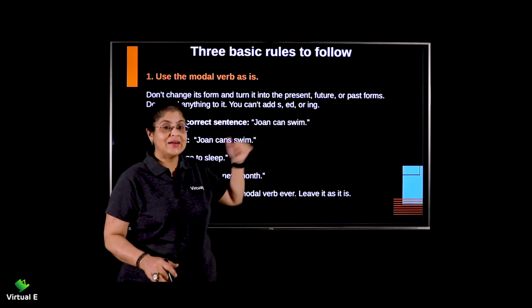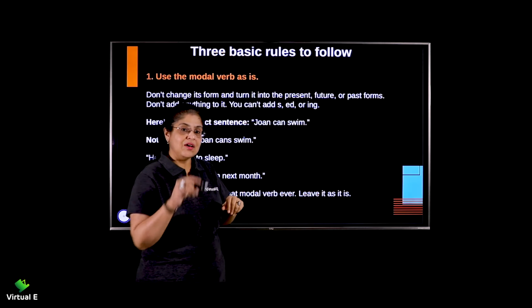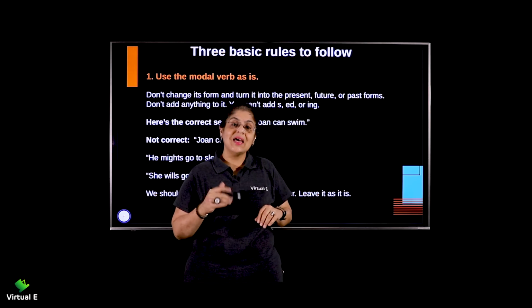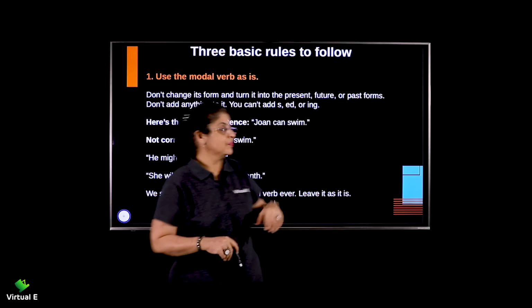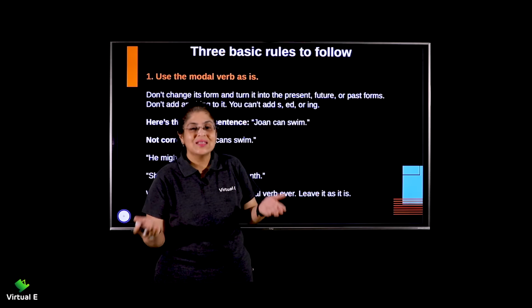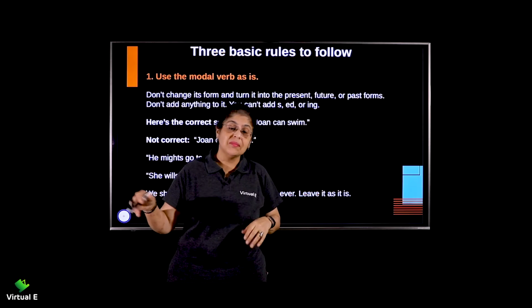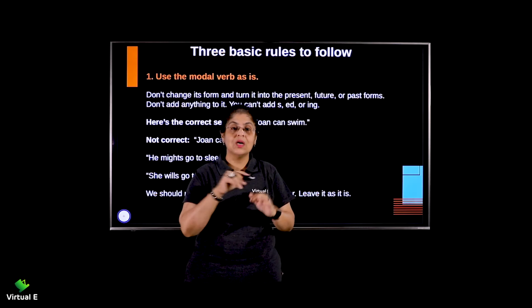You can't add s, ed or ing. Now, let's take the same example, can. Can I say she can swim? No. It sounds wrong, obviously. She canning swim? Not even possible. So, we take the modal verb as it is.